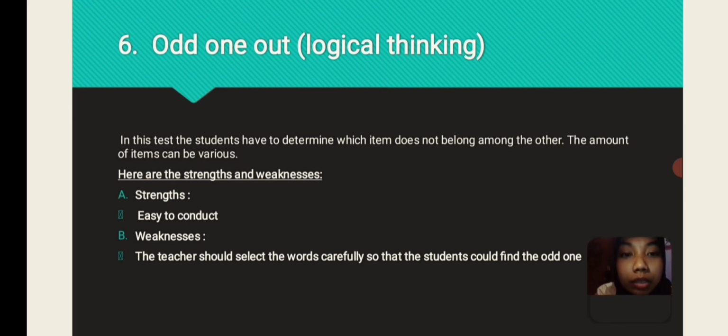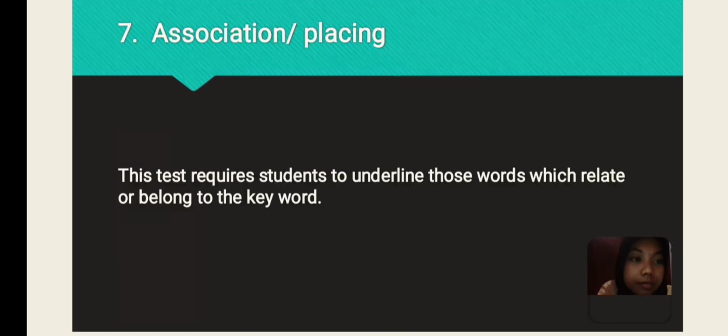B. The weakness, the teacher should select the words carefully so that the students can find the odd one. Next slide, number 7, association or placing. This test requires students to underline those words which relate or belong to the key word.